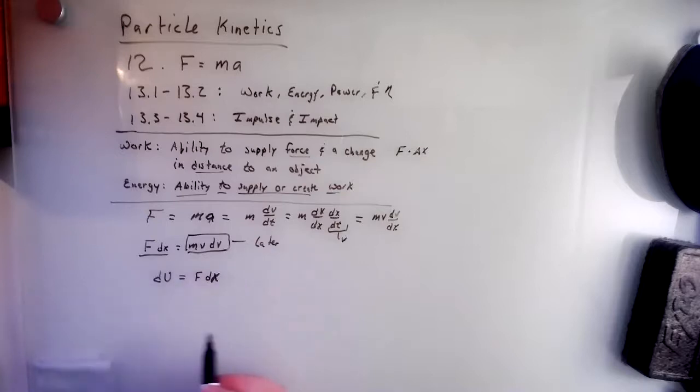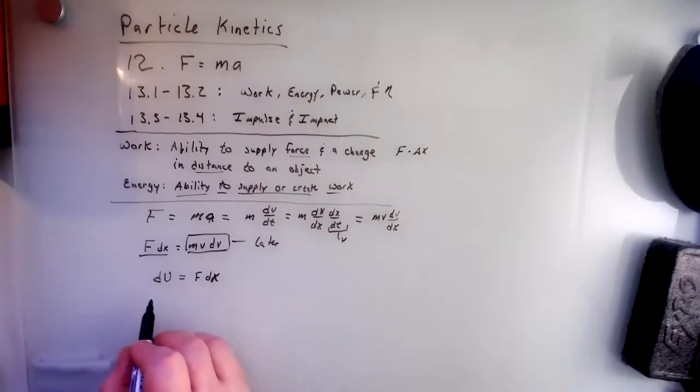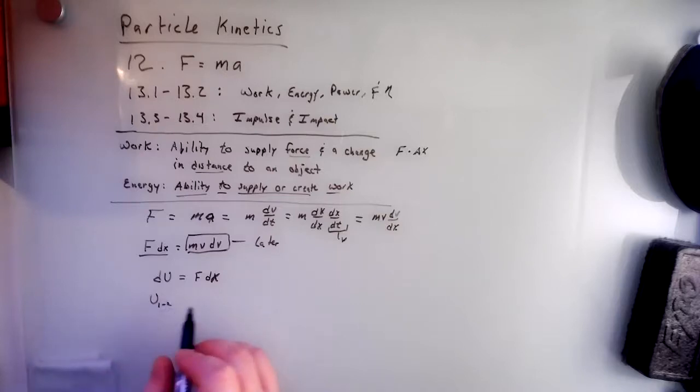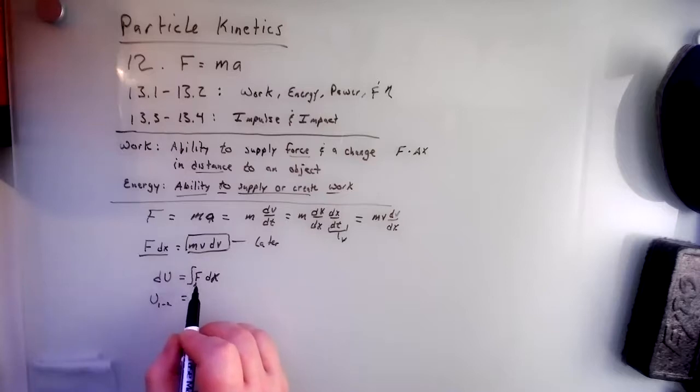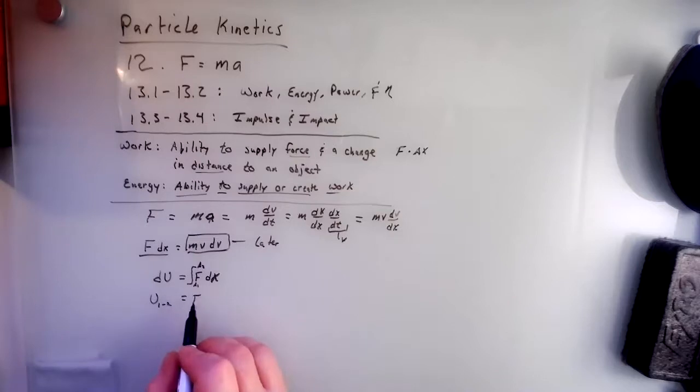Okay, so the derivative of work is equal to F times the derivative of motion. When we integrate this, then we get U from 1 to 2 is equal to the integral from A1 to A2, and it doesn't matter in this context because what we're really talking about is force times some change in distance, dx, in general.